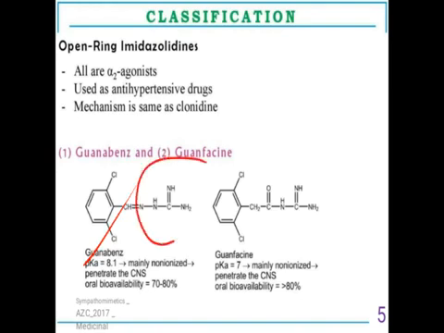So instead of the imidazole ring, they have an open chain in their structure. Just write down the structure of guanfacine. Nitrogen is there in an open chain, so it becomes an alpha-2 agonist as compared to an alpha-1 agonist drug.